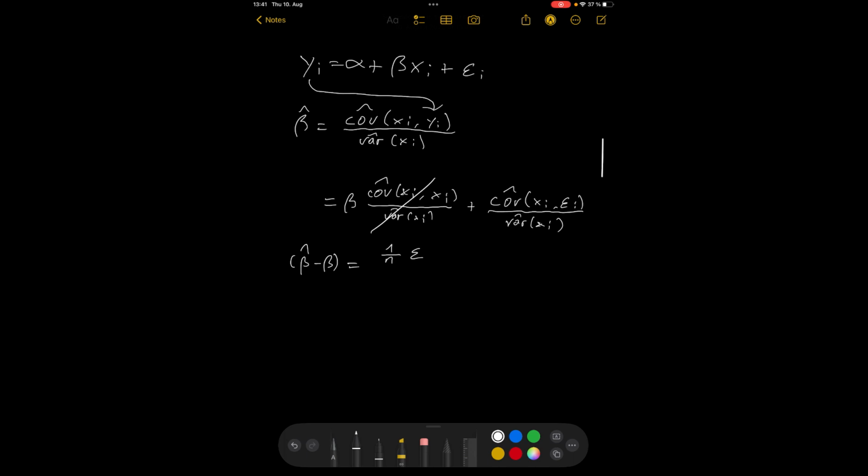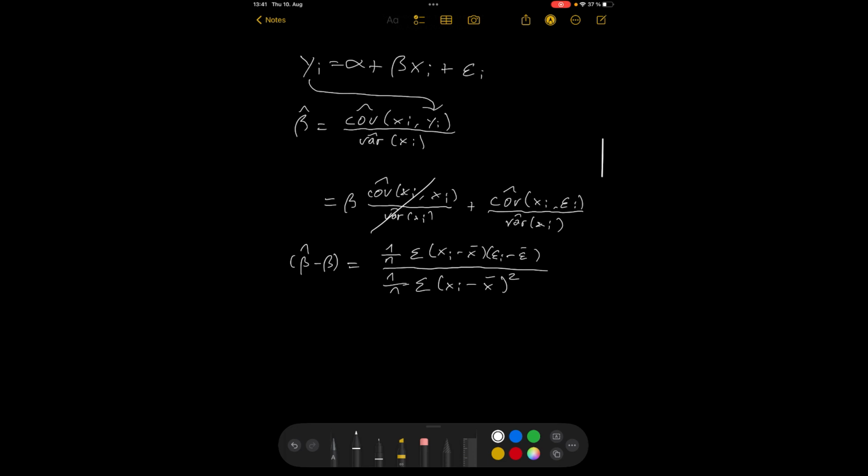The sum of (x_i minus x bar)(epsilon_i minus epsilon bar) divided by 1 over n sum of (x_i minus x bar) squared.